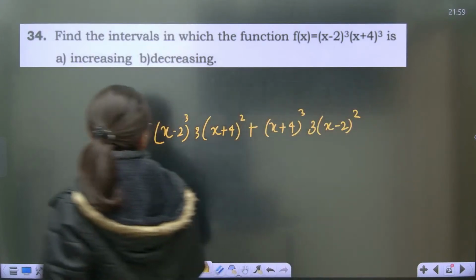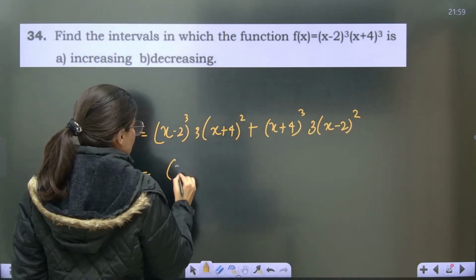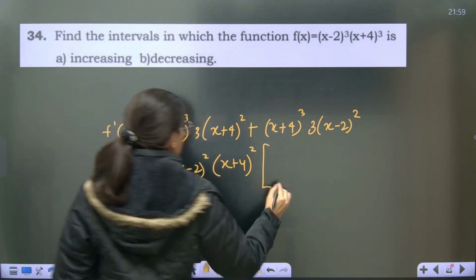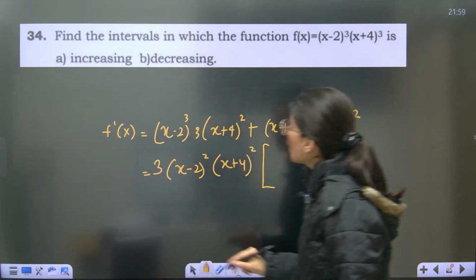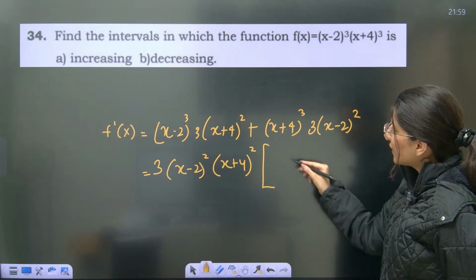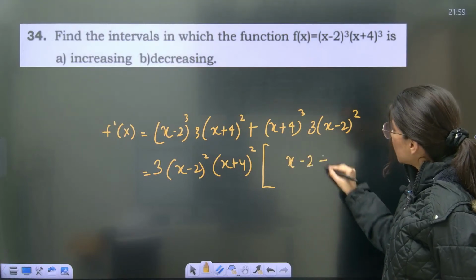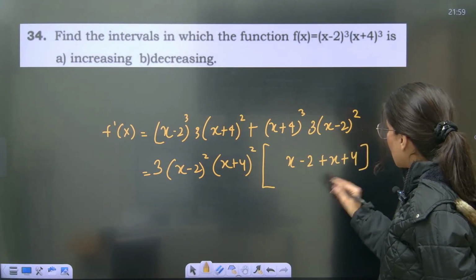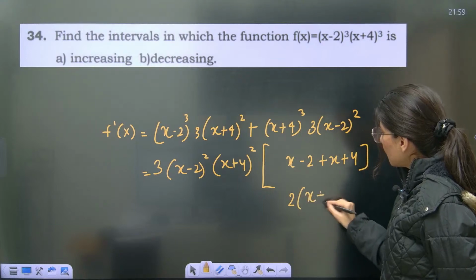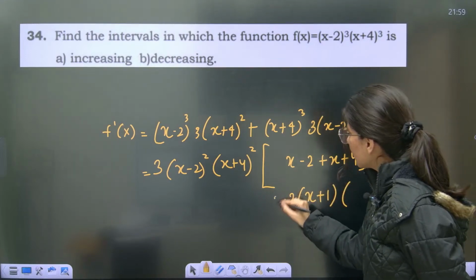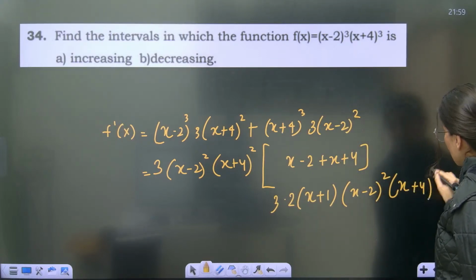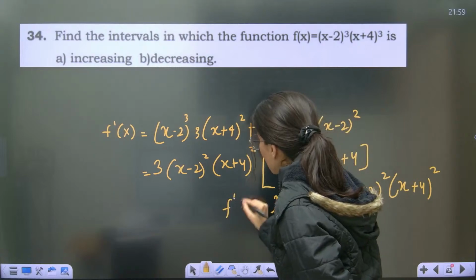Now take (x minus 2) square and (x plus 4) square common. 3 also will be common, and what you get is (x minus 2) plus (x plus 4), which is 2x plus 2. So 2(x plus 1), and 3 also. 3 times 2 (x plus 1), (x minus 2) square, (x plus 4) square is your f dash x.